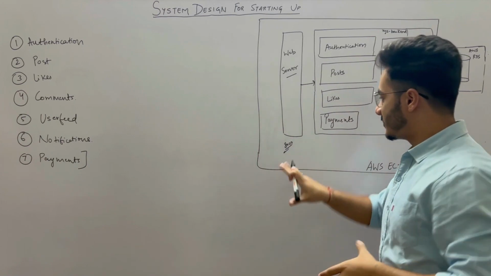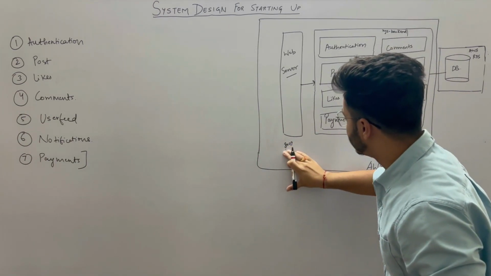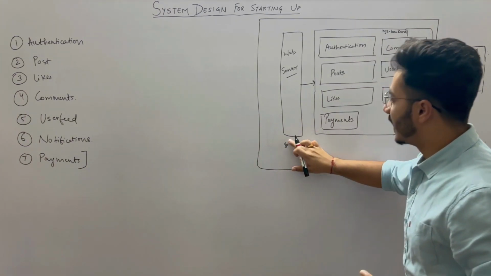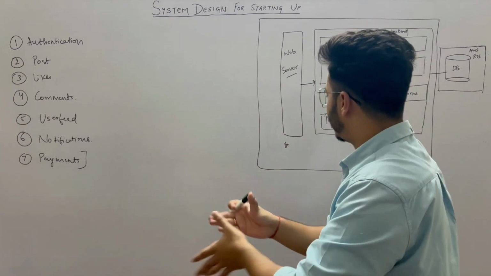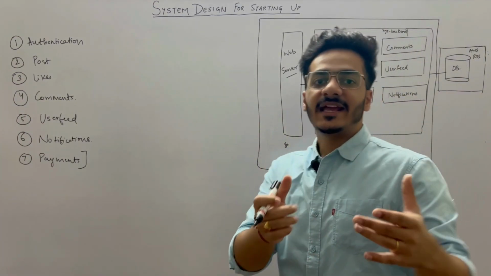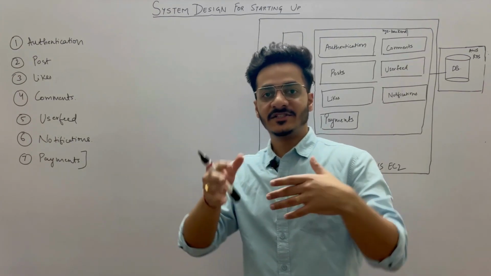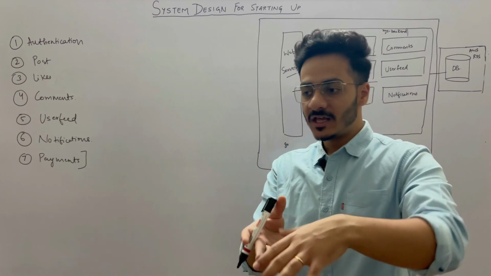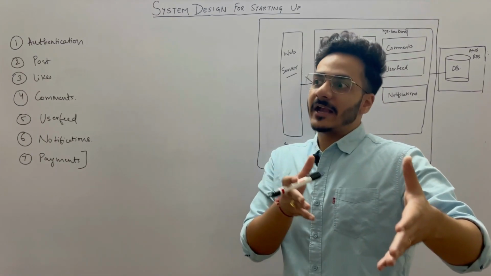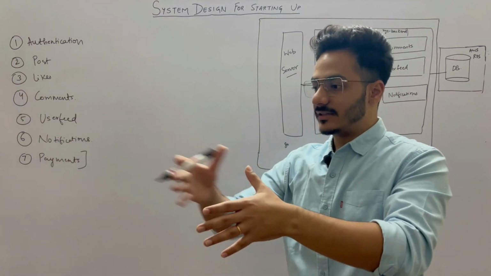Also, instead of this 8000 port, you can directly use port 80 itself, so that all your traffic is directly forwarded to port 80, because people generally make HTTP requests, right? I'm not going much deeper into HTTP and all that stuff because I will try to make a separate video for that, on networking basically.